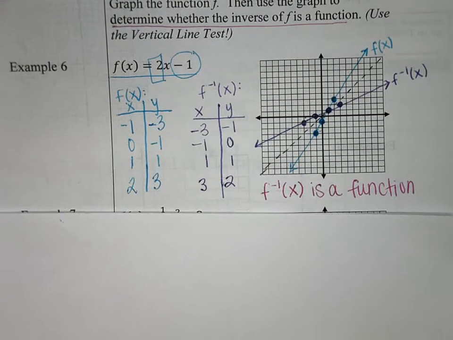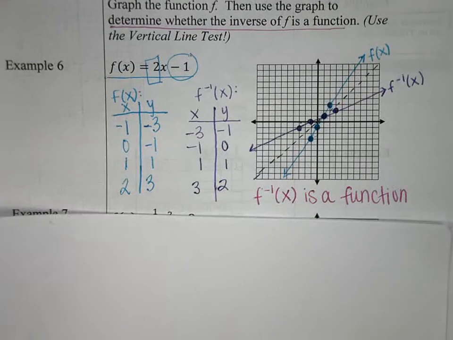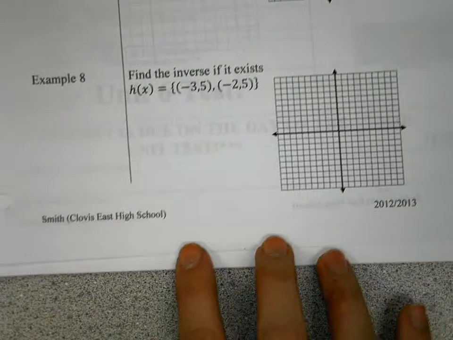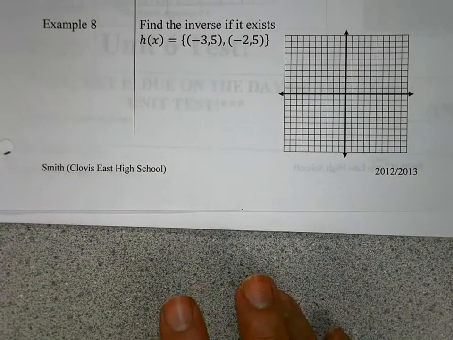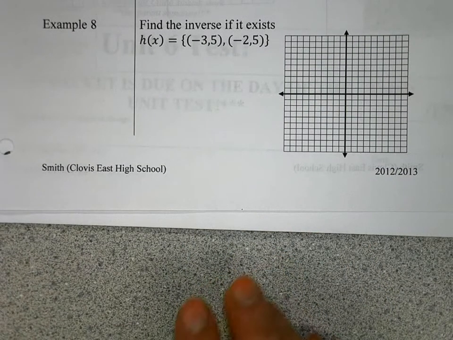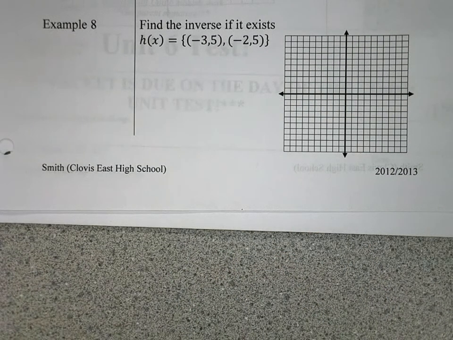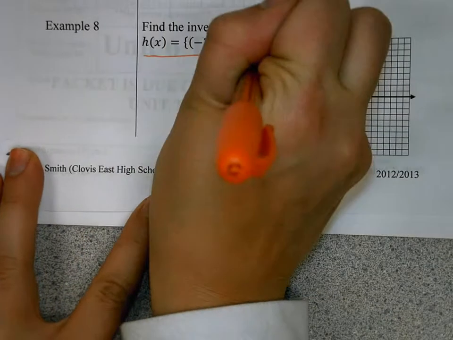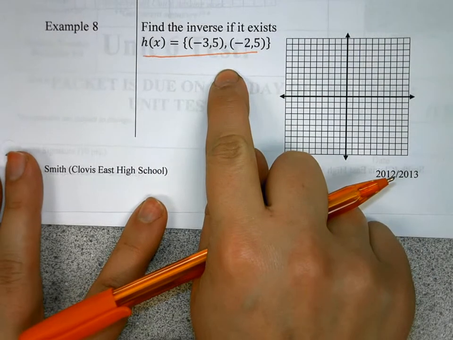And that's it. I want to show you a quick example of when it won't come out to a function. You don't have to write this down, but I do need all eyes up here. Okay, so this one that I'm skipping because I think graphing is pretty straightforward. Our first function that they give us is just a set of points. So all we have to do is graph those 2 points.